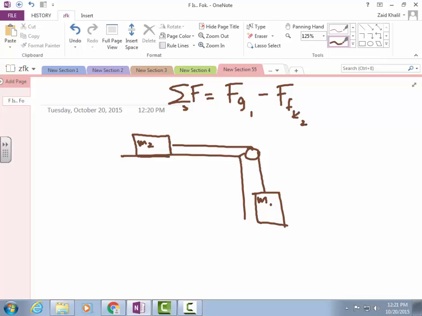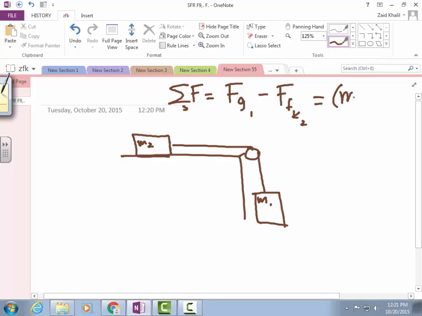So then what's our system? What's our system here? It's just the two blocks. So this is equal to the mass of the system times the acceleration of the system.